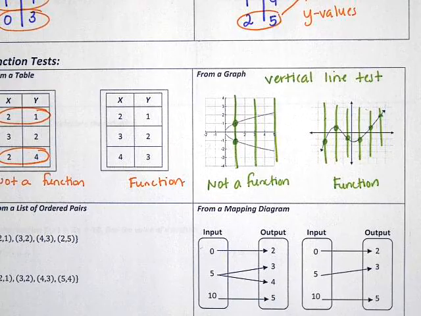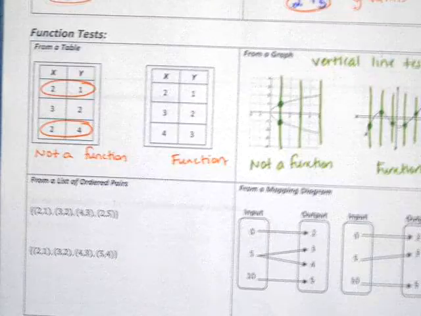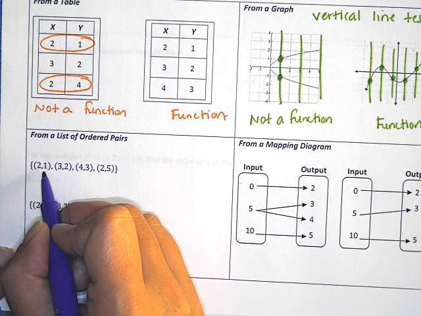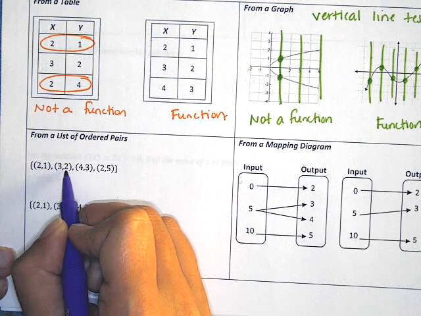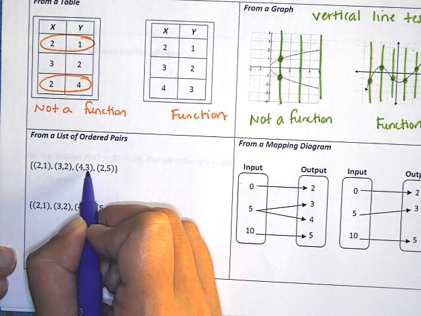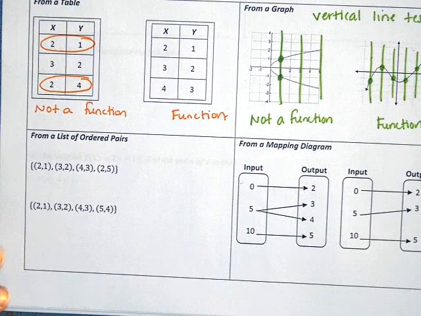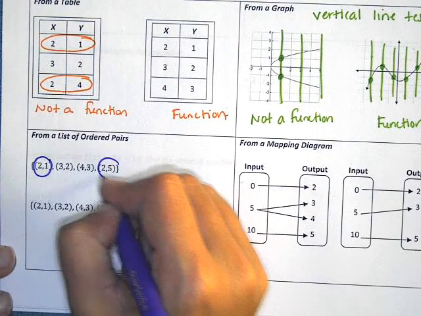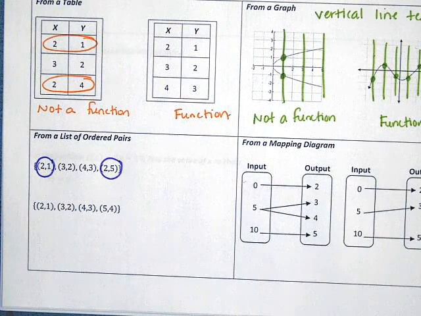So that's okay. Now, what if I gave you a list of ordered pairs instead of a table? Well, it's kind of the same thing. You just think about how many places they're trying to go to. Here, 2 is going to 1's party, 3 is going to 2's party, 4 is going to 3's party, 2 is going to 5's party. Uh-oh. 2 is trying to go to 1's party and 5's party at the same time.